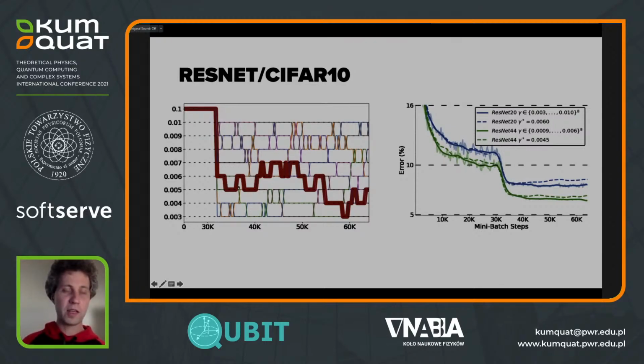So you have a path in your hyperparameter space instead of a single point. And again, for ResNet, this is an image for ResNet, you see that these methods provide slightly better performance than training with other methods.